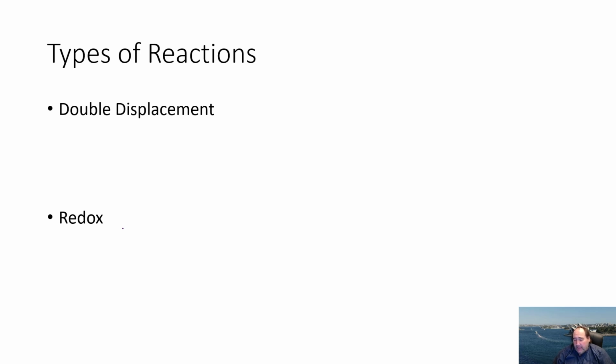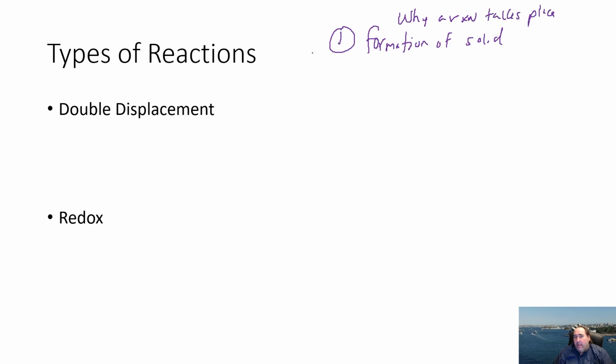For the most part, the three main reasons why a reaction takes place: the first one is the formation of a solid. Again, it's why a reaction takes place. Second reason is formation of our friend water, a little H2O.